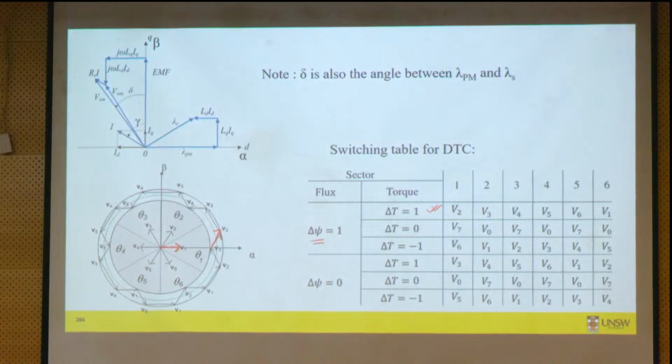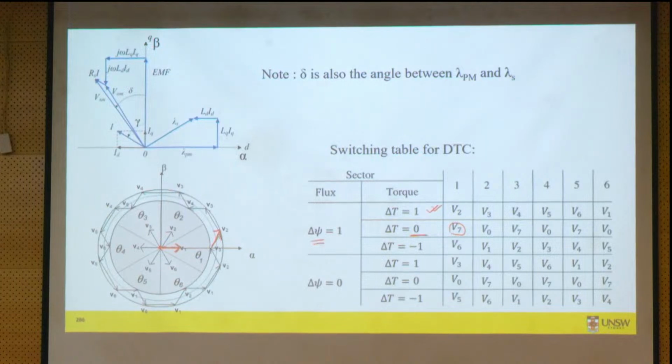If my torque is the same as the reference, that means the torque error is 0, then I don't want to increase or decrease the voltage, right? In that case, I will apply a zero voltage, V7, which is somewhere here. It will keep the space voltage vector fixed where it was.